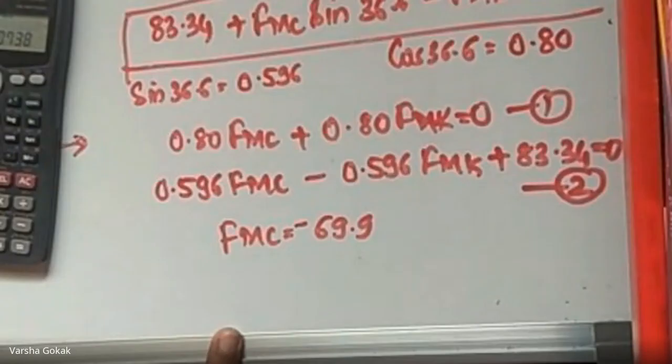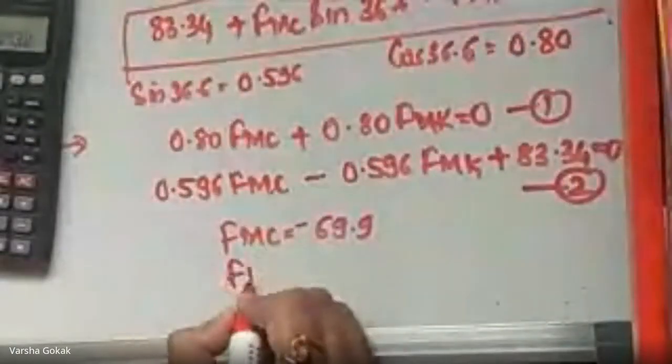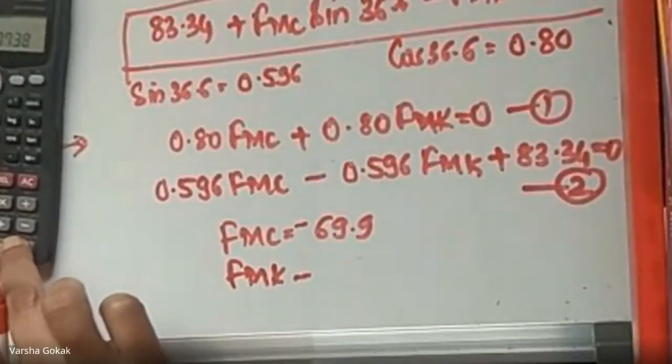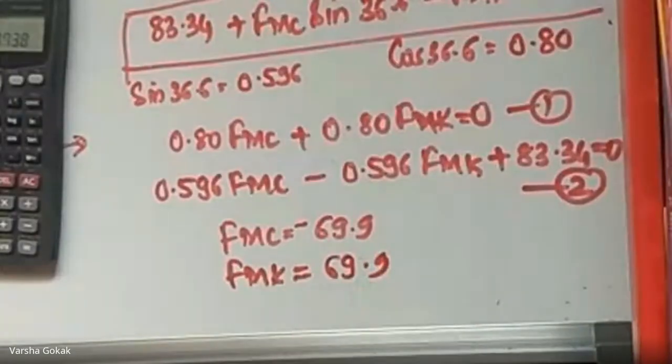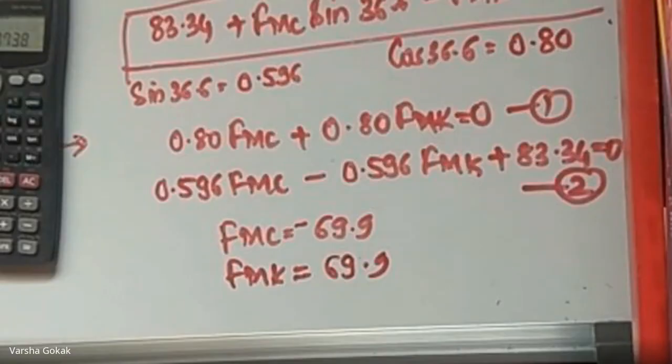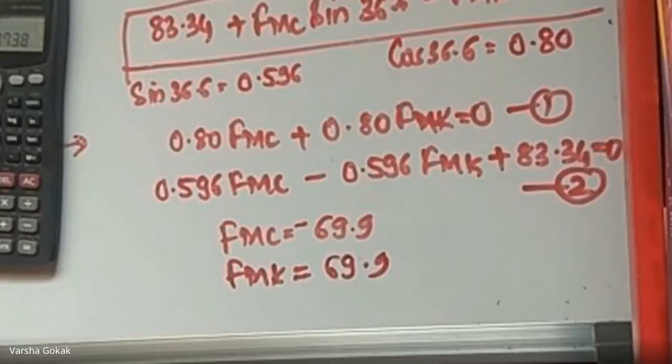I think FMC is minus and FMK is how much value? It's also minus, same, 69.9. Now which one I take plus and which one I take minus? FMC is minus.